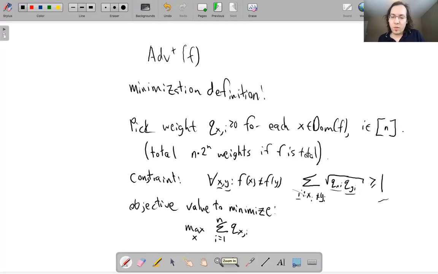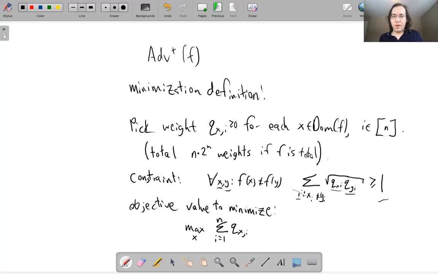Here q_{x,i} is how many times we query bit i inside string x, and that could be a fractional number. I can say I made half a query to bit i inside string x. Imagine an algorithm that, when run on input x, queries position 3 half of a time, and position 4 five times, fine. In total, across all positions, when it's run on x, it makes 20 queries, and when it's run on y, it makes 30 queries. The maximum is 30 queries, and I want to minimize this maximum number of queries that it makes on any input.